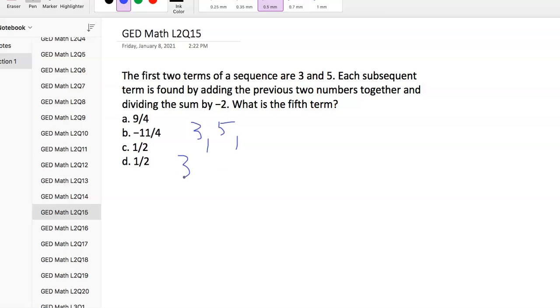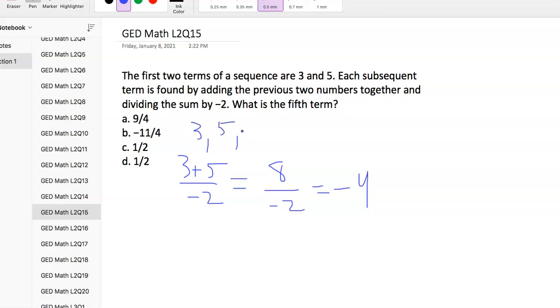So the first one, right, it says you take the 2 previous terms, 3 plus 5, divide it by -2, right? That's what we're supposed to be doing. So 3 plus 5 divided by -2 equals 8 over -2 equals 8 divided by 2 is 4.